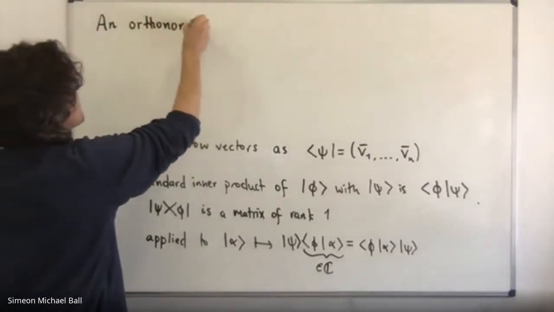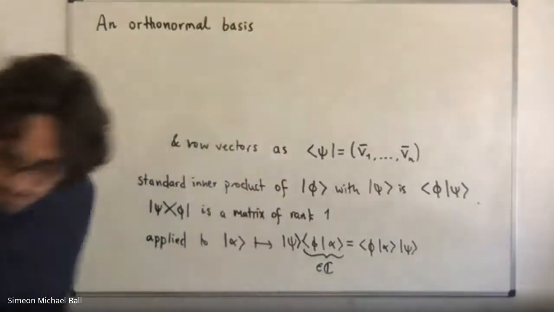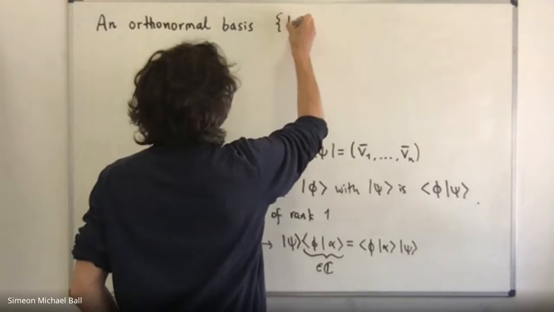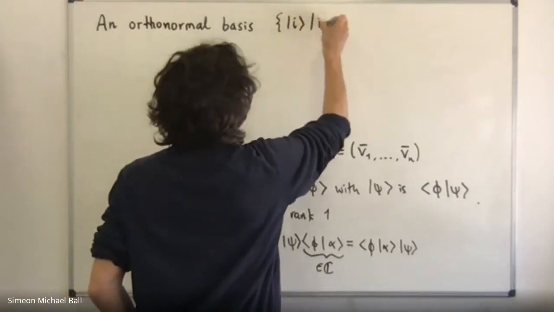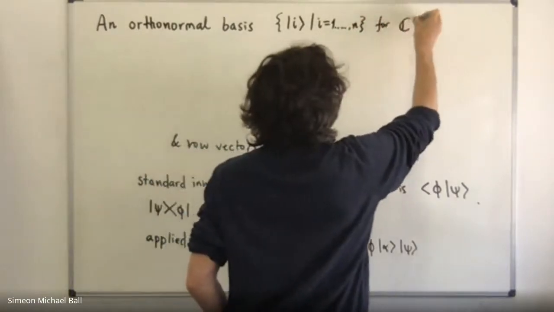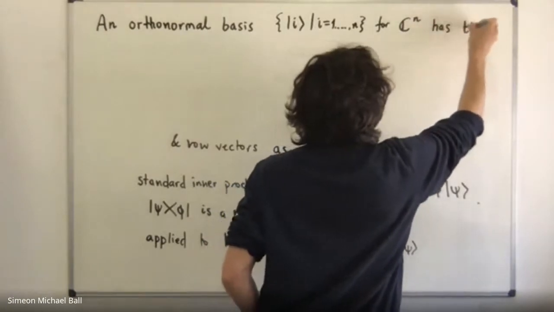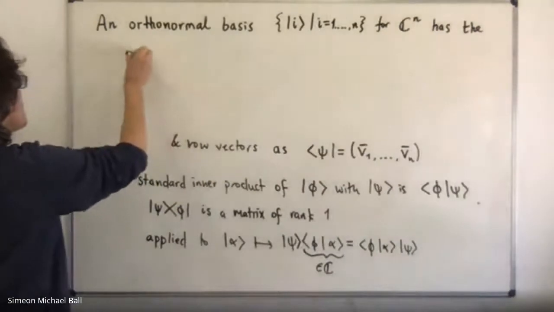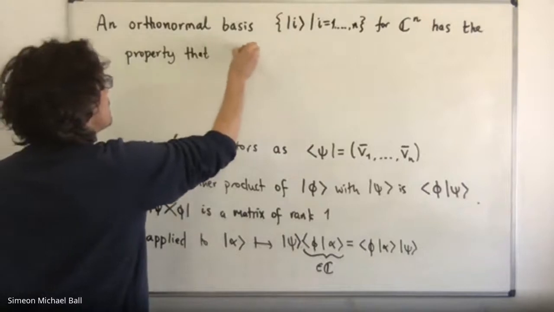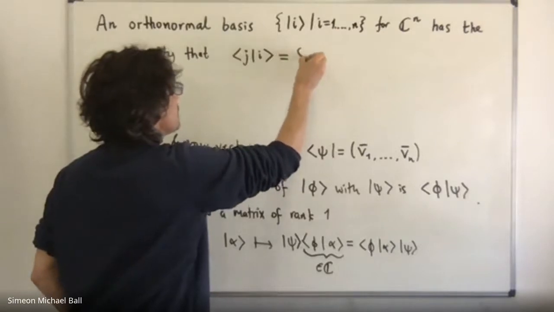So an orthonormal basis will usually be denoted something like this, and has the property that if we take the inner product between two basis elements, then it is 0 if they're different and 1 if they're the same.